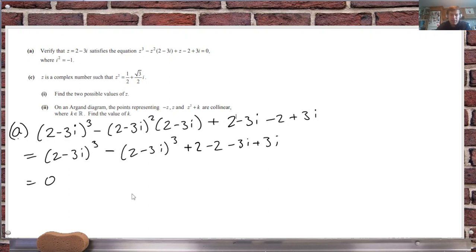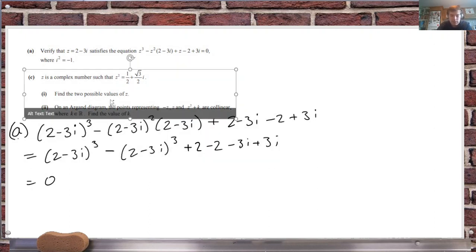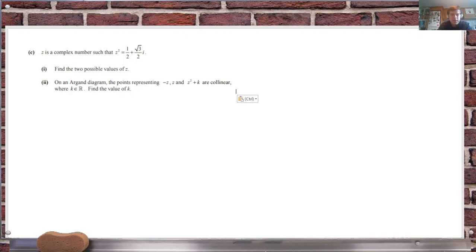We want to solve this complex number. So I think we could write it in polar form. Let's make a bit more space here. So in polar form, it would be in the first quadrant.